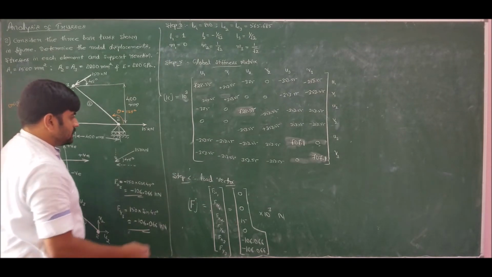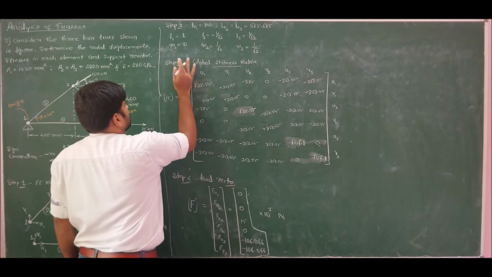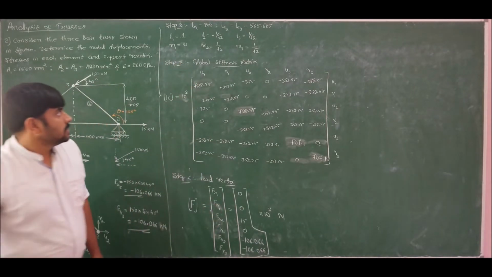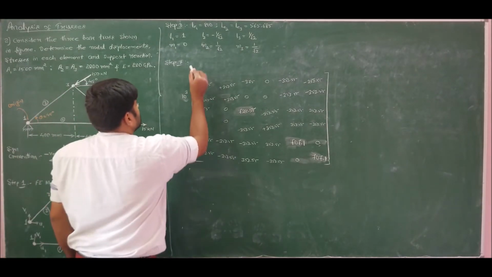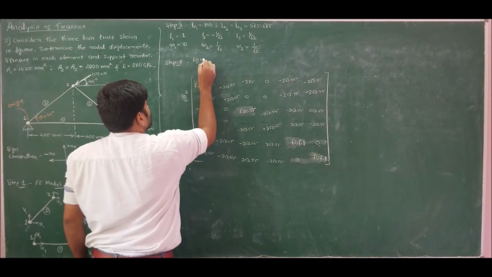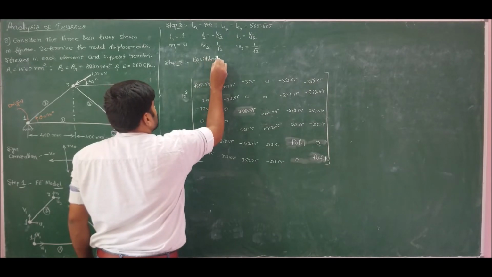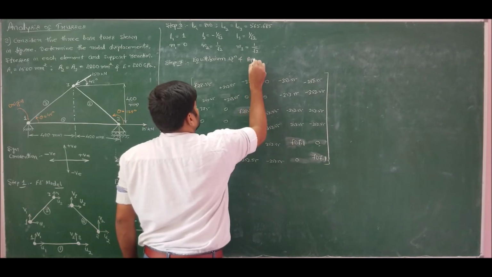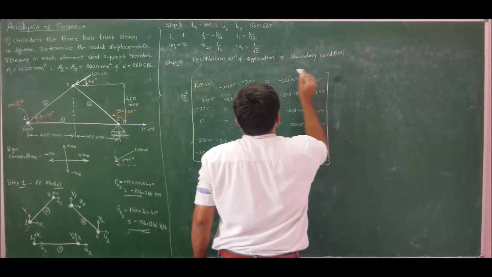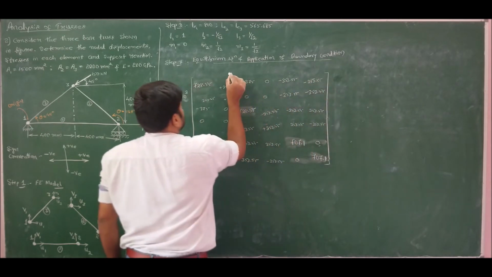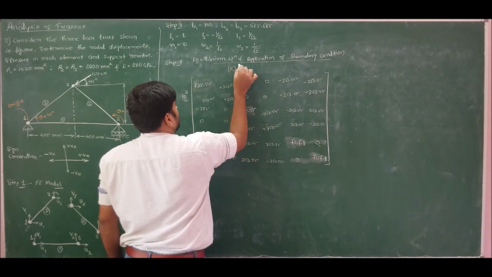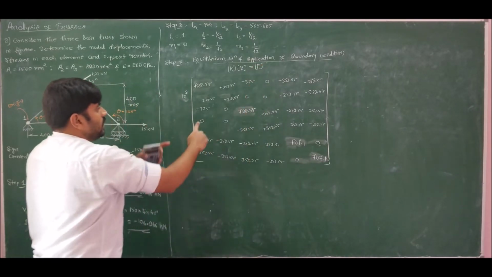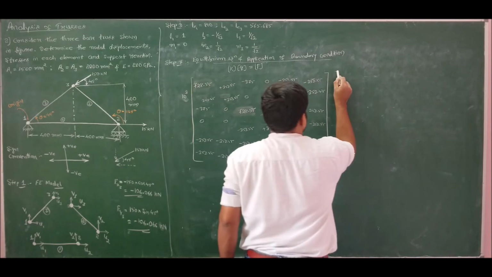Now moving for step 7, that is equilibrium equation and application of boundary condition. So equilibrium equation is K matrix into Q matrix is equal to F matrix.